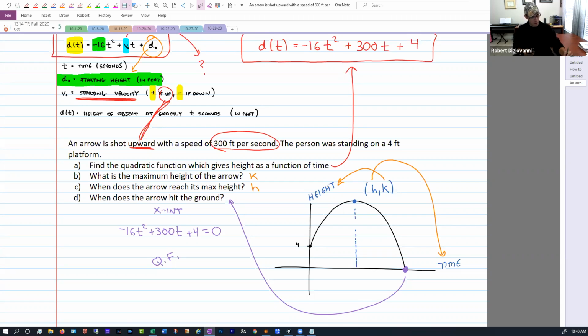Okay, the answer to part D, let me erase this, should be 18.76.